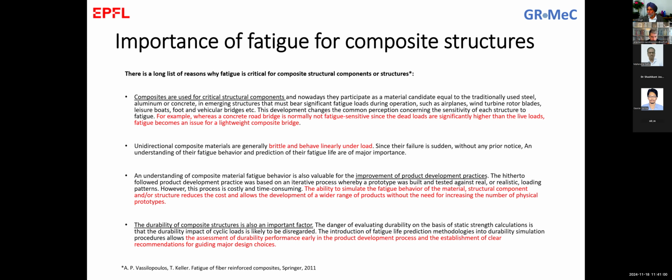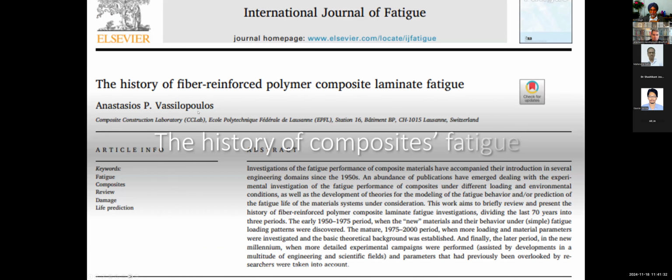So there, we need to discuss fatigue and durability of composites to secure that these materials can be used for several engineering applications that work in the open air, as we call it. So these are reasons, and there are other reasons that I'm not mentioning here that make fatigue of composite materials and structures very significant.